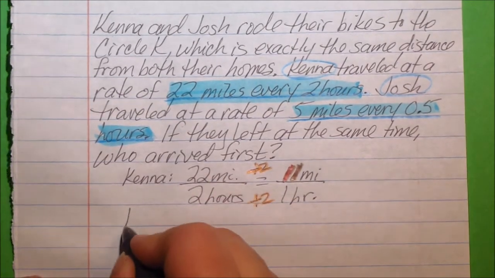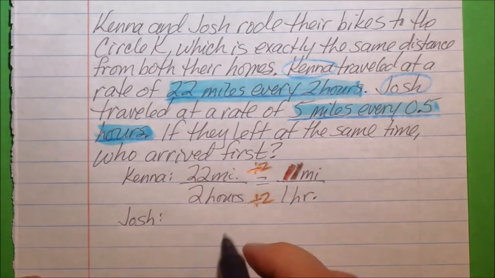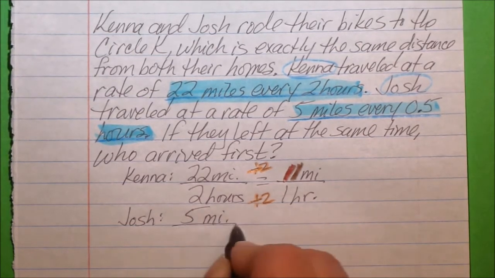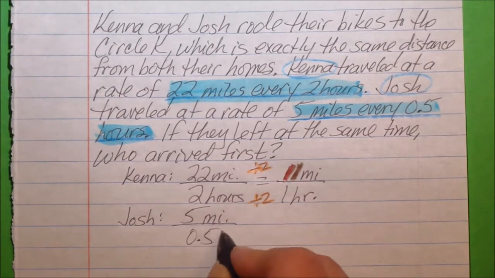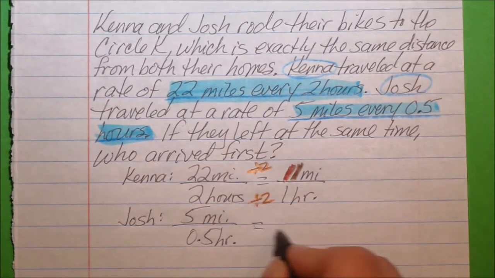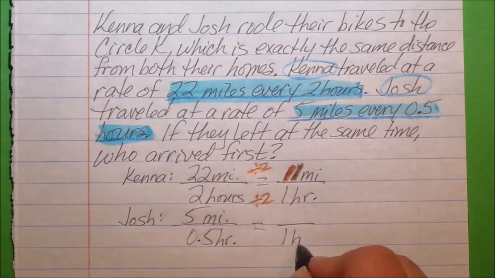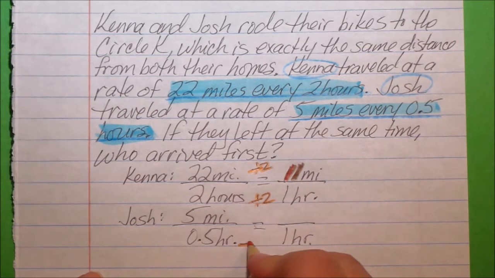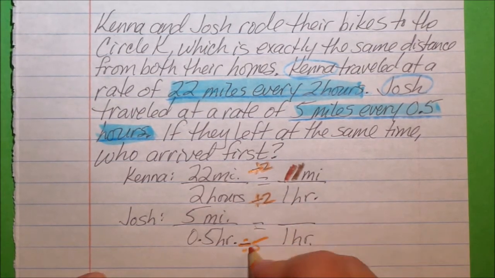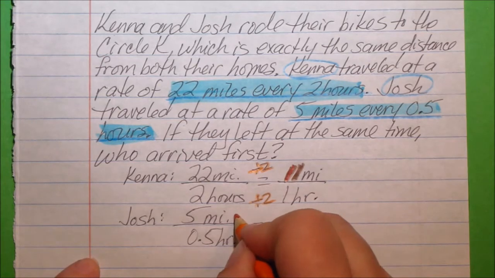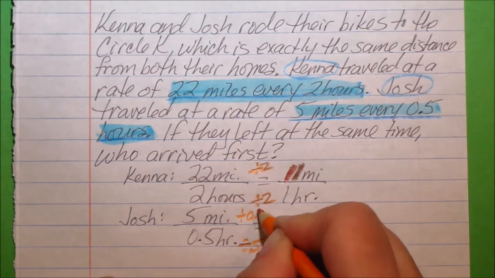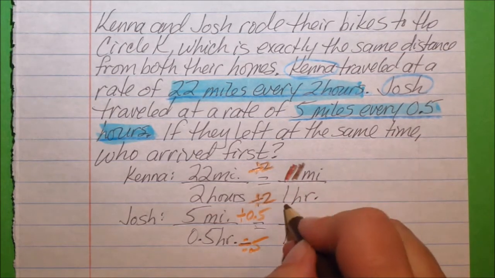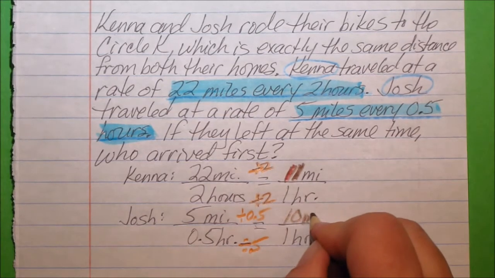Now, let's take a look at Josh. Josh was traveling at 5 miles for every half hour. All right, and we need to turn that into a unit rate of 1 hour. So we divide by 1/2 or 0.5, divide by 0.5 top and bottom, and 5 divided by 0.5, that doubles that to 10 miles.